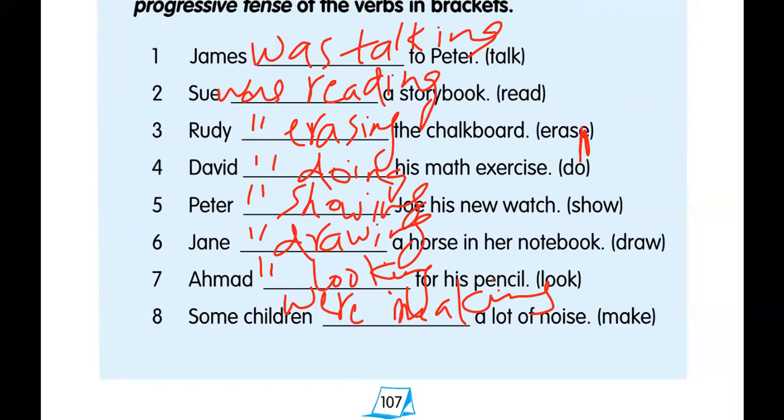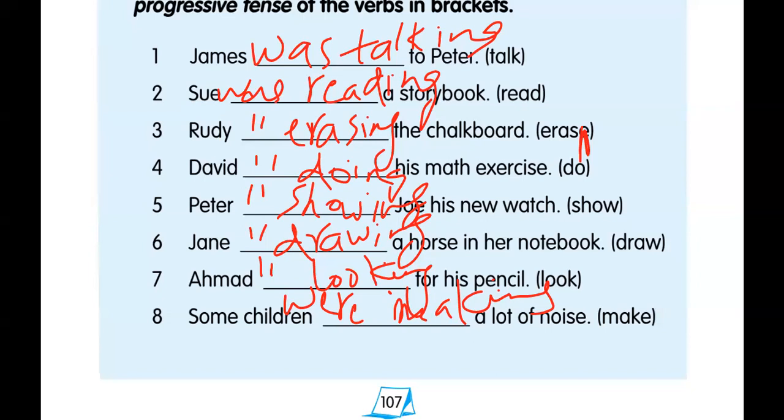David was doing his math exercise. Yes, not maths, math exercise. Peter was showing Joe his new watch. Jane was drawing a horse in her notebook. Ahmed was looking for his pencil. Some children were making a lot of noise.